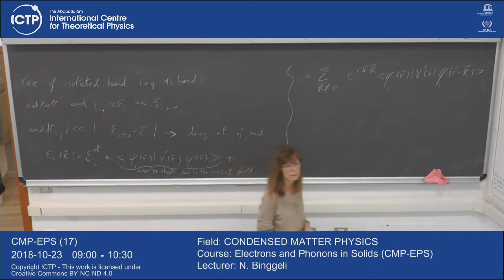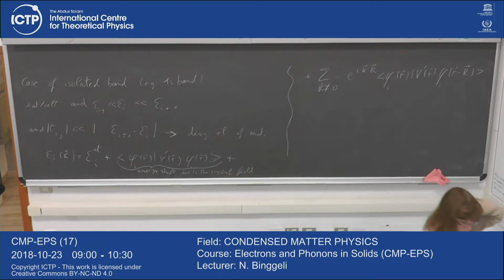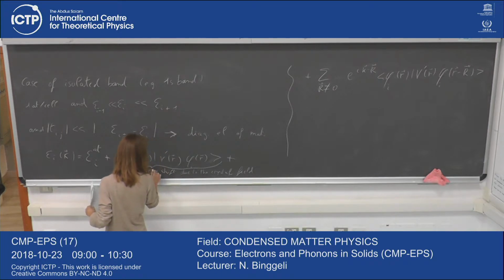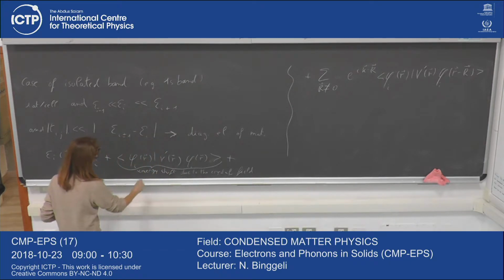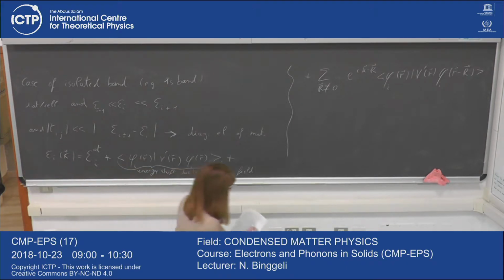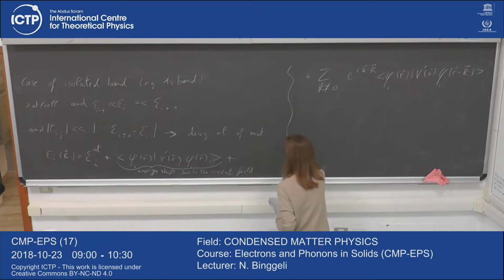So the atomic energy shift corresponds to first order perturbation in terms of the crystal field. But it doesn't depend on K, so it's the same for all K in the Brillouin zone.